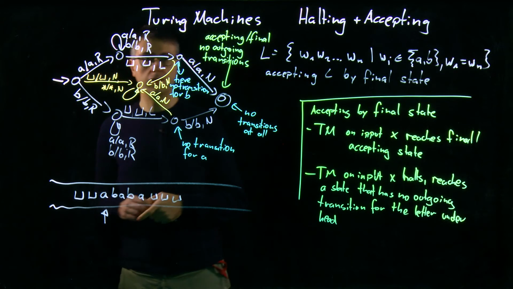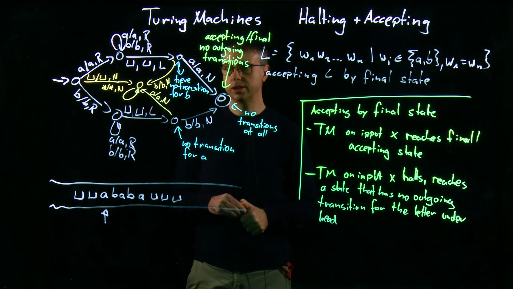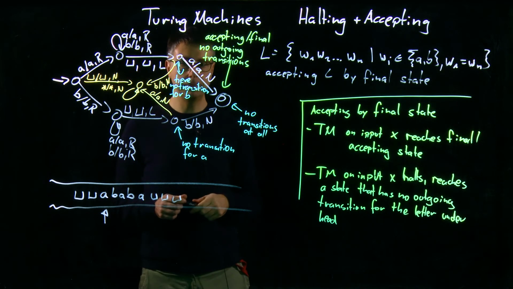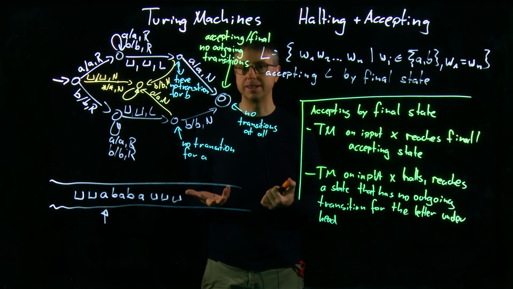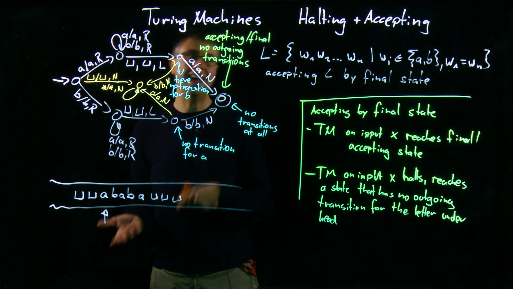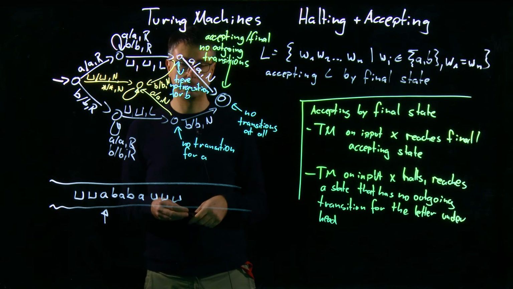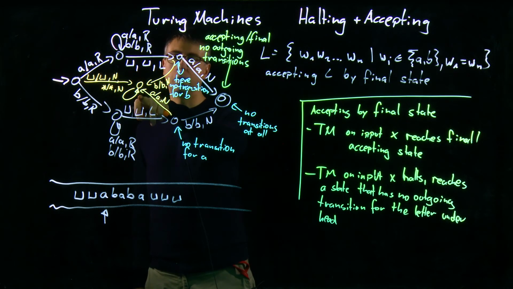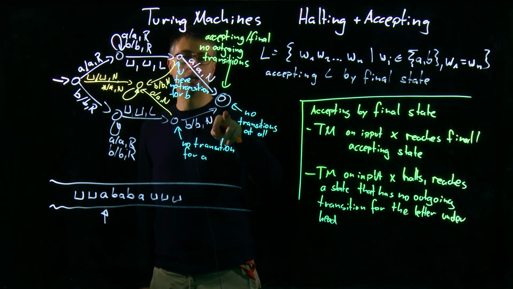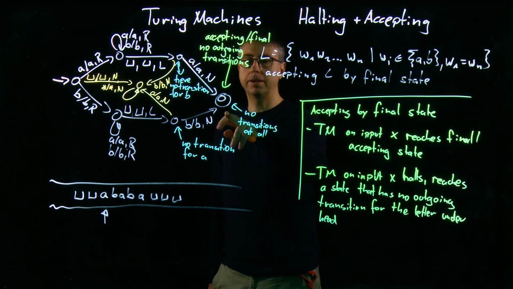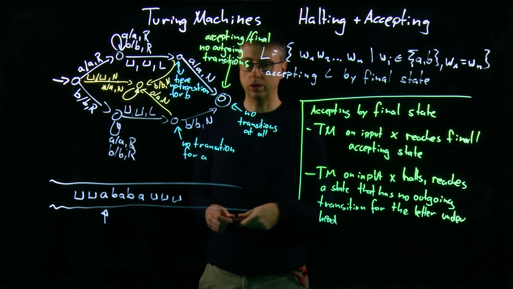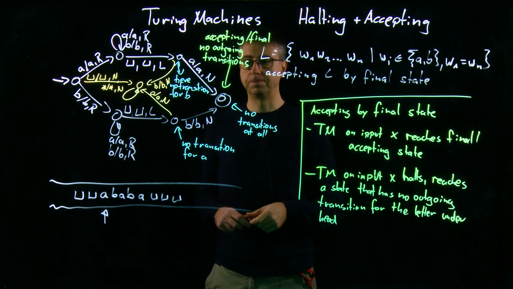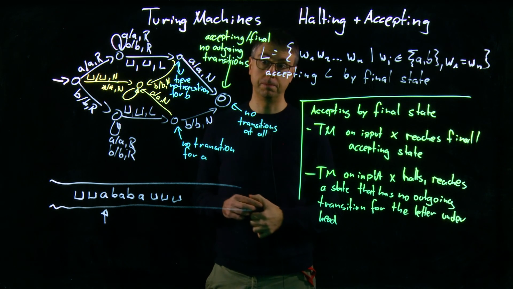So with the addition of the orange transition, we now have here a Turing machine that actually accepts the same language by halting and by final state. Because if the word is not in the language, it will always end up in this state. In this state, it will loop. If it is in the language, it will end up in this accepting state, and there's no outgoing transition, so it will halt as well.